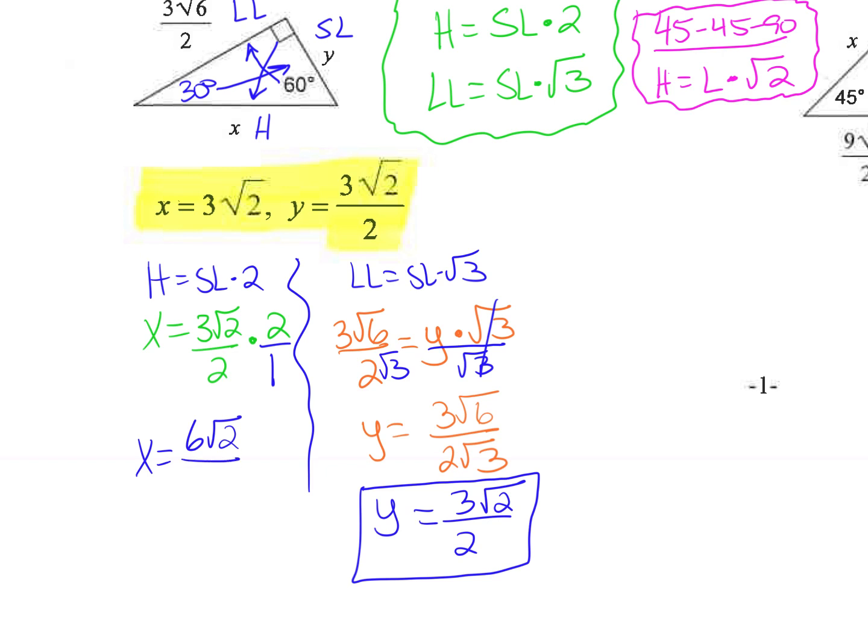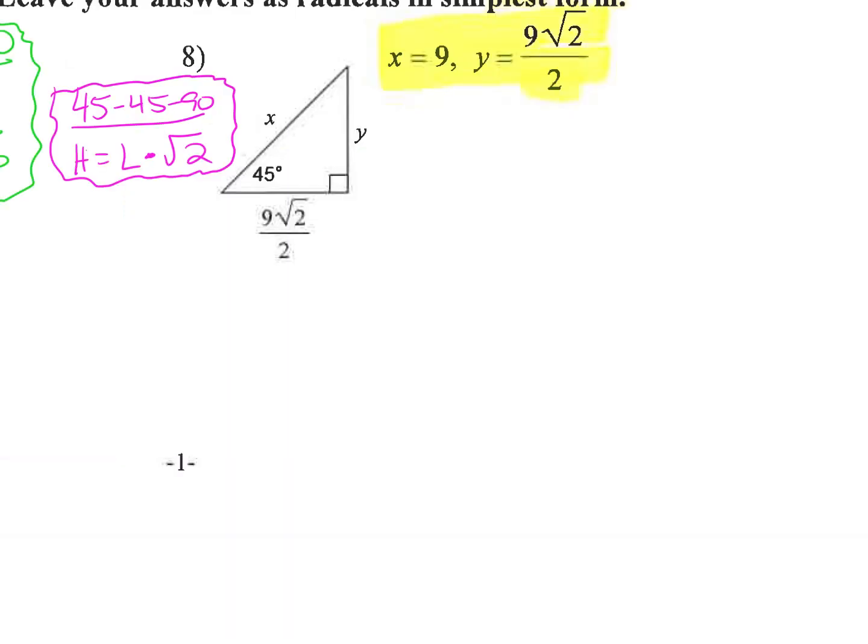Now the bottom, 2 times 1 is 2. All right, what's the last step we do here? 6 divided by 2, which is 3. And then bring our square root of 2 down. There's no other radicals to combine it with. So that's my answer.